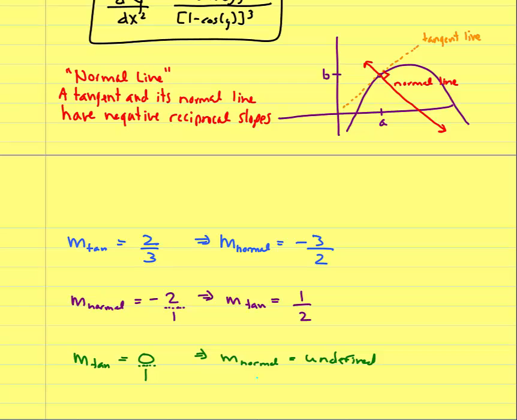Either way, it's undefined. So what's happening here is this is a horizontal line because my slope is 0. So the line normal to that, of course, this perpendicular line, would be undefined slope. This is a vertical line. And this horizontal line has a slope of 0.